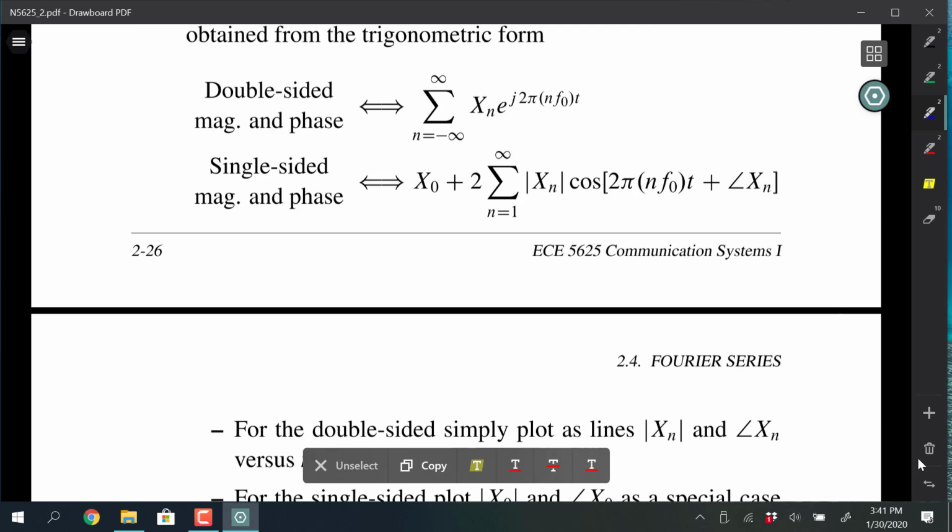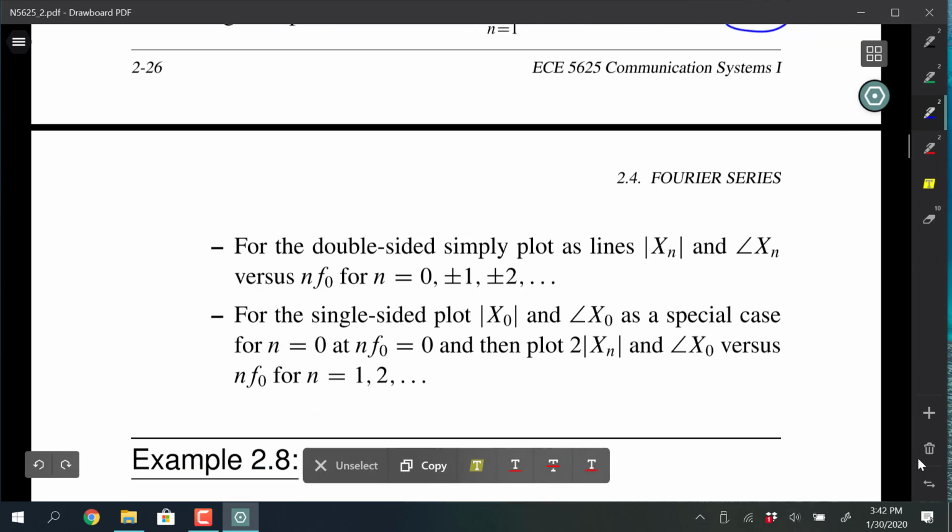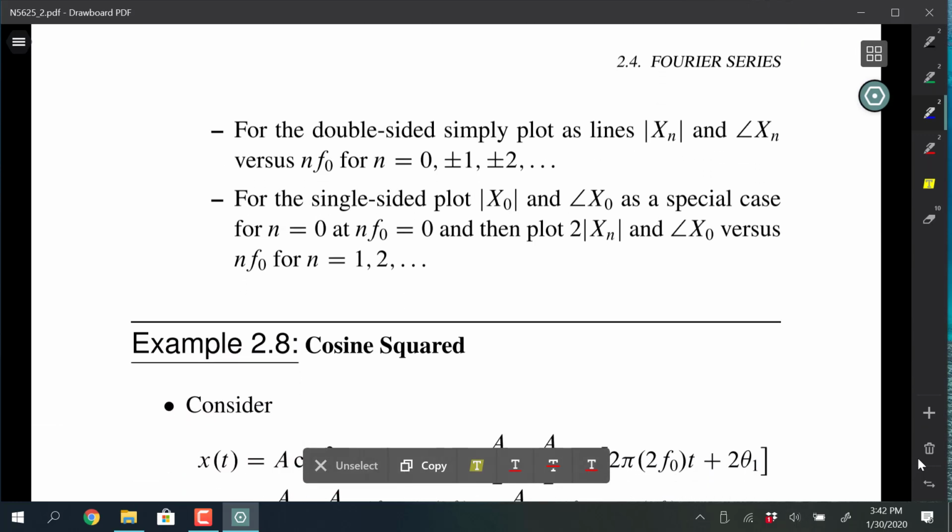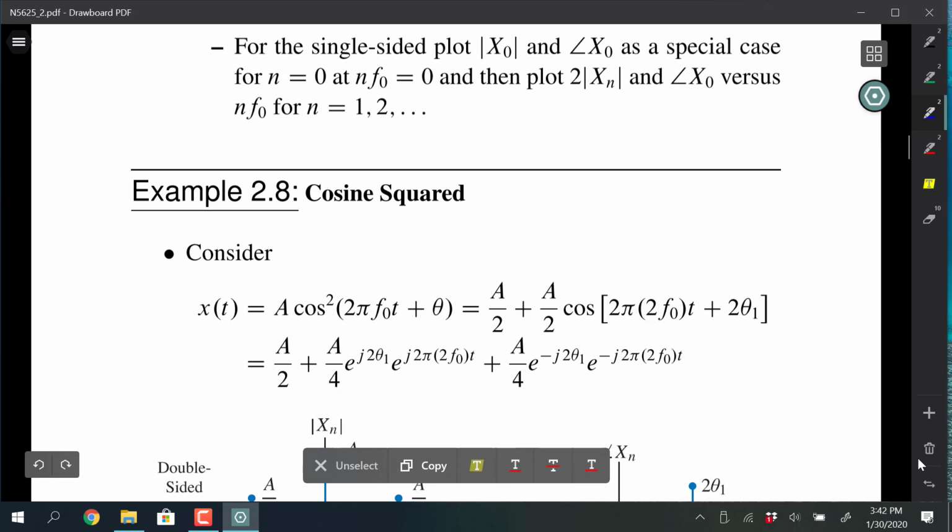You just get it by doubling the amplitudes, but the phases are the phases of the positive, n greater than or equal to 1 coefficients. The function I have in the Python module plots one-sided or two-sided once you give it information.